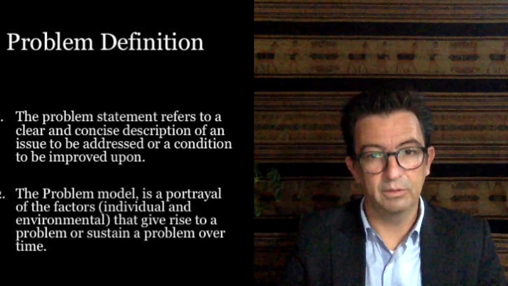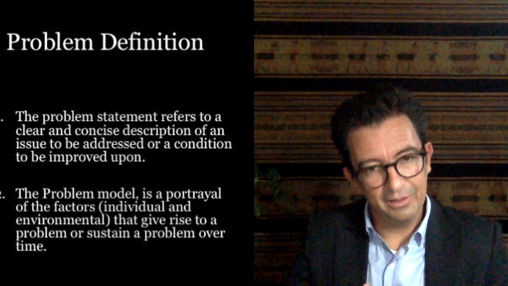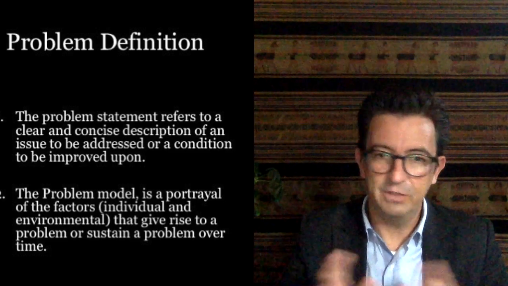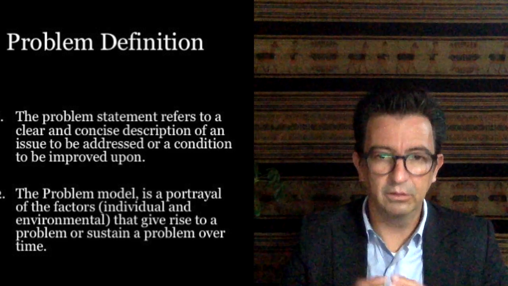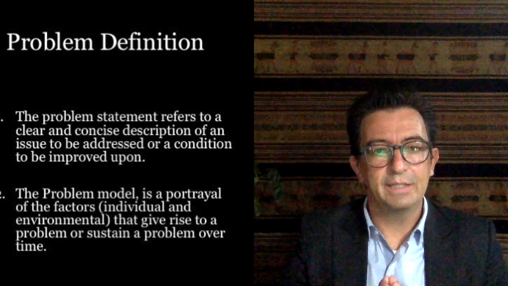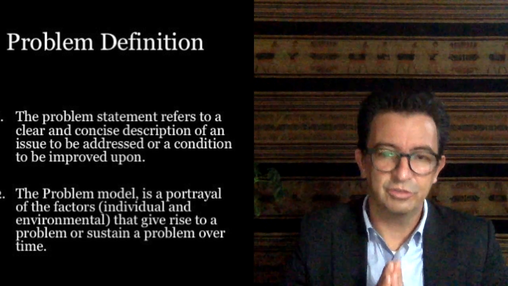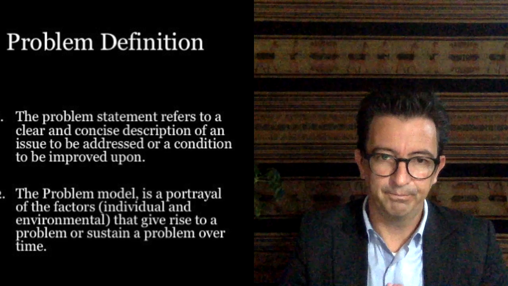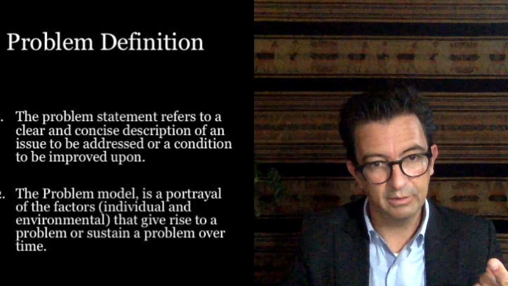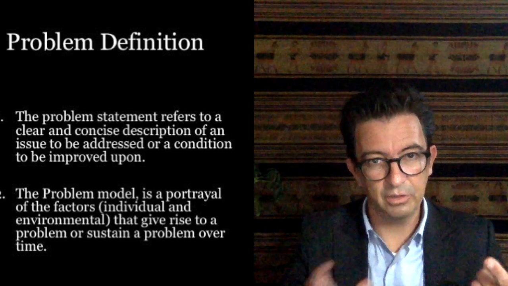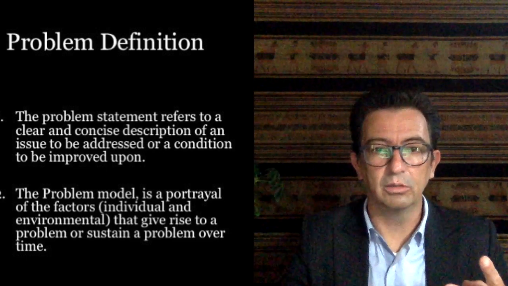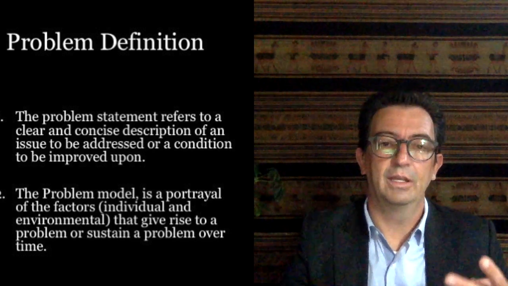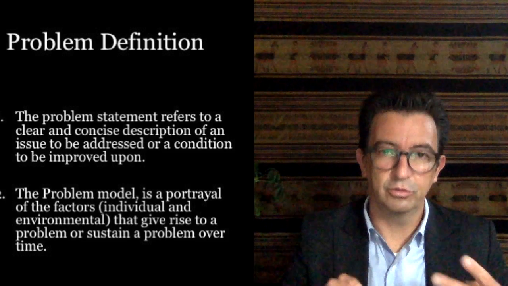The second one, the problem model, is a portrayal of the factors, either individual or environmental, that give rise to a problem or sustain a problem over time. So the problem statement, the clear and concise description of the issue, and the problem model, the portrayal of the factors that give rise to that problem or sustain it over time.